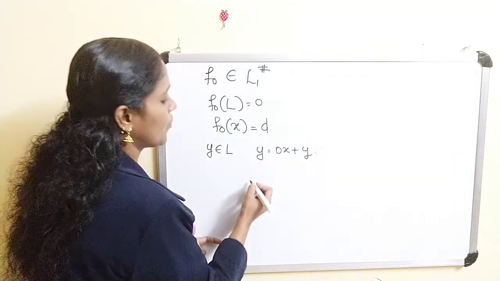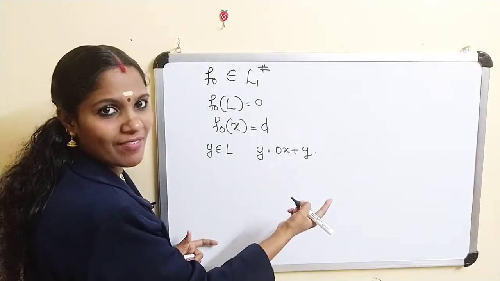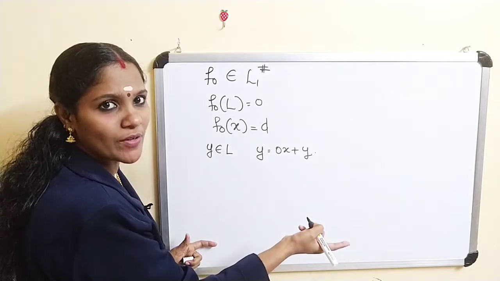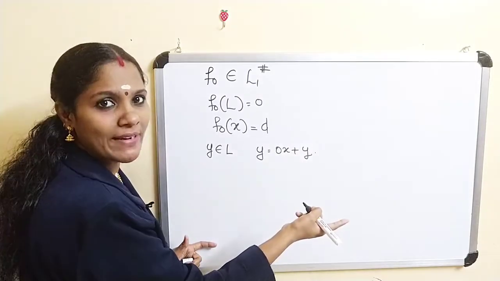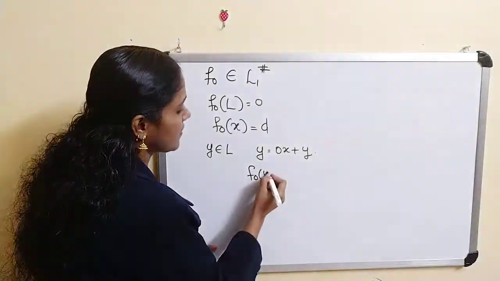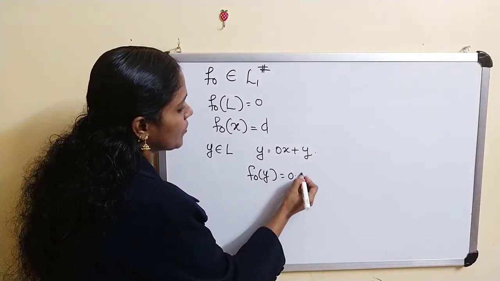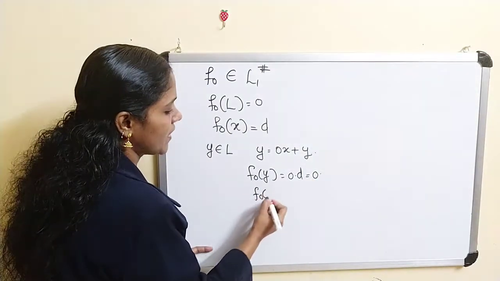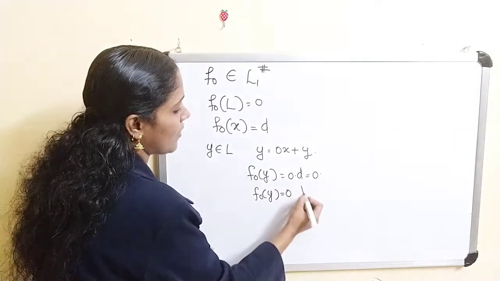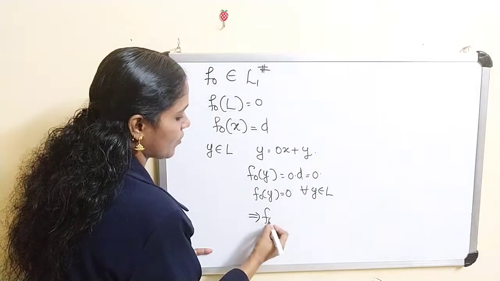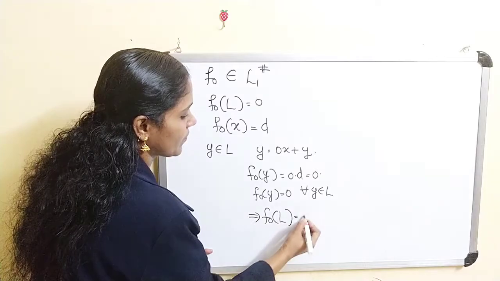Therefore clearly y belongs to L1, because L is a subset of L1. So y belongs to L1 and you can write it like this. Therefore f0 of y is equal to 0 into d, and that's equal to 0. f0 of y is equal to 0 for every y belongs to L. This implies f0 of L is equal to 0.